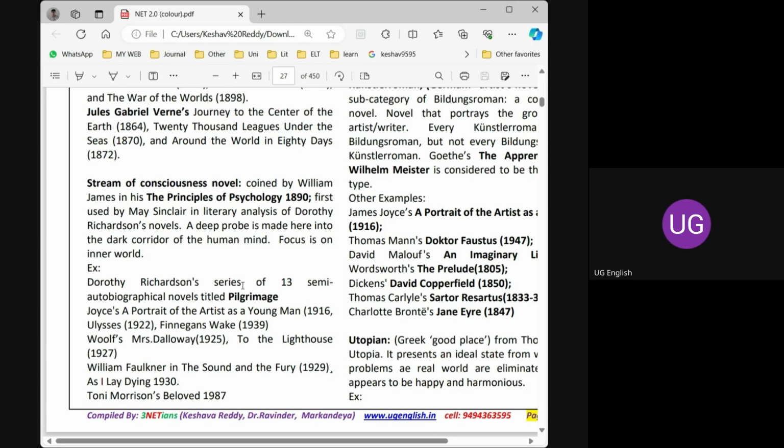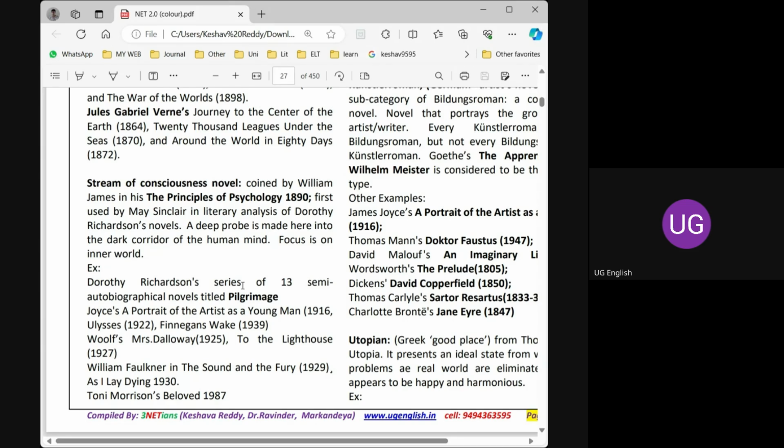Especially the inner mind of the characters is revealed through soliloquies, lengthy dialogues of the characters. So their thoughts, their feelings are expressed in stream of consciousness novels. Especially these can be called psychological studies based on the psychology of the characters, based on the stream of thoughts.